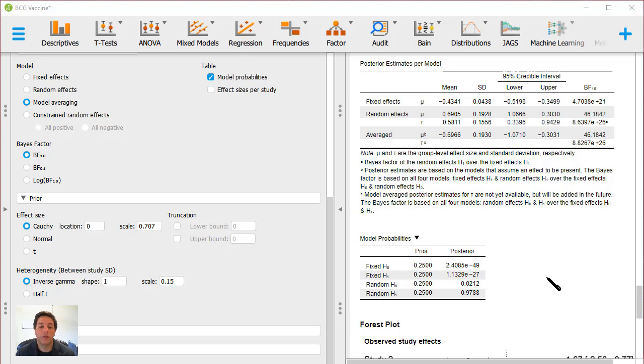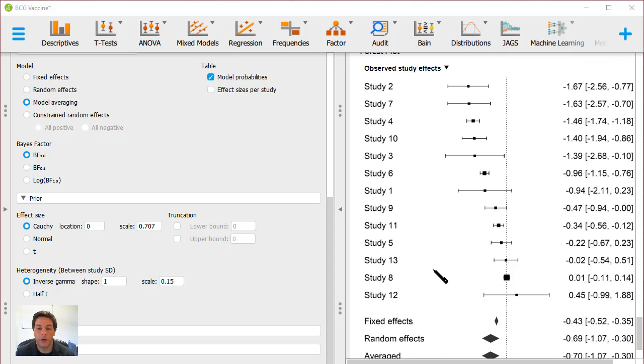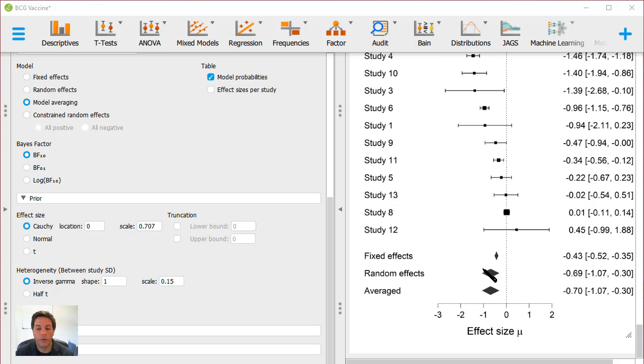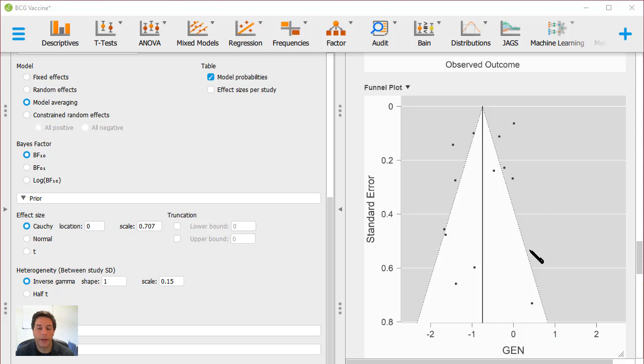And in the Bayesian approach, there is a combination of the two. And we've got the forest plot, which is a way of representing the effect sizes visually. And we've got the funnel plot, which is a way of representing studies in order to measure whether there was publication bias. Thank you.